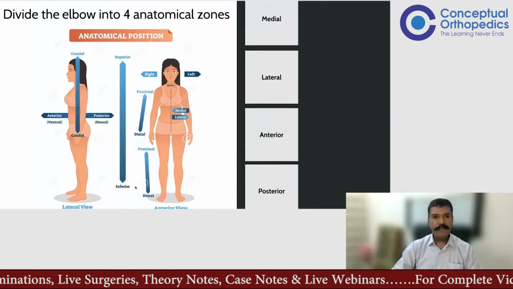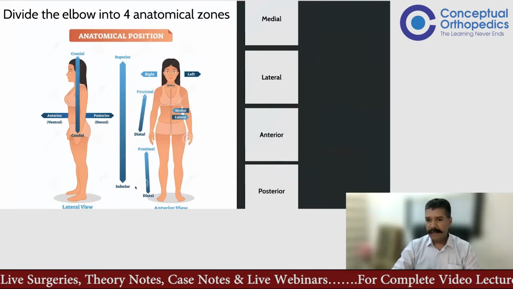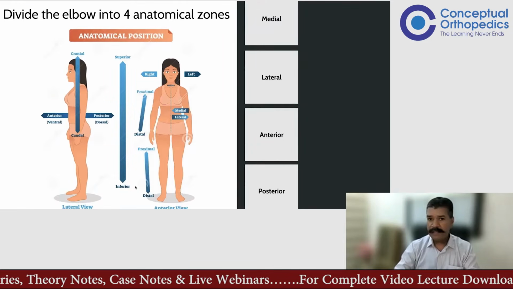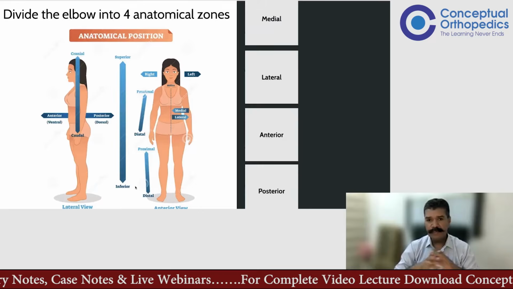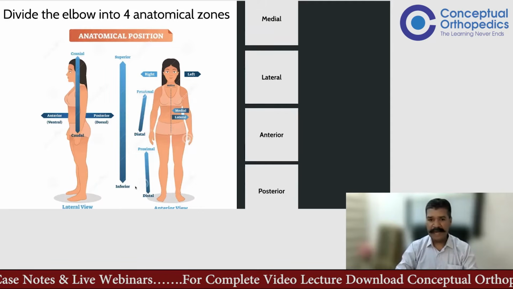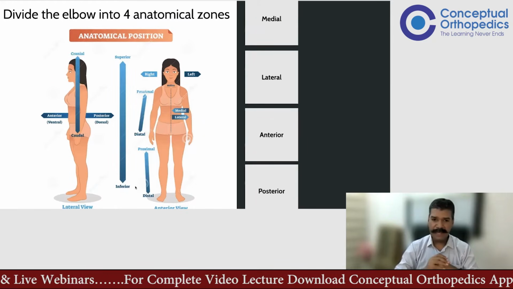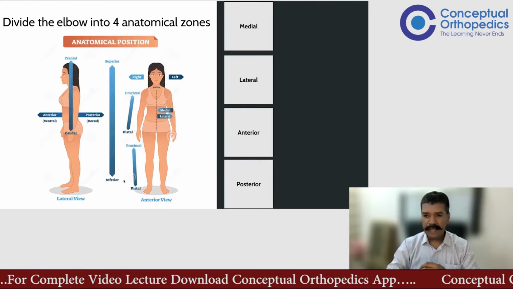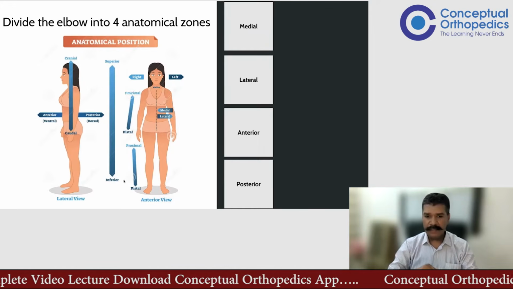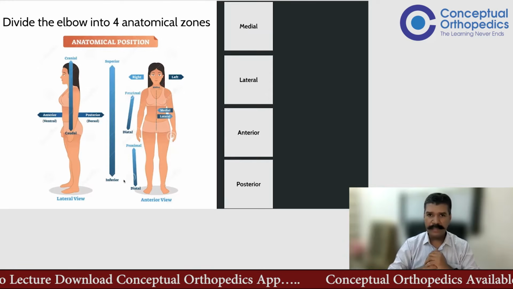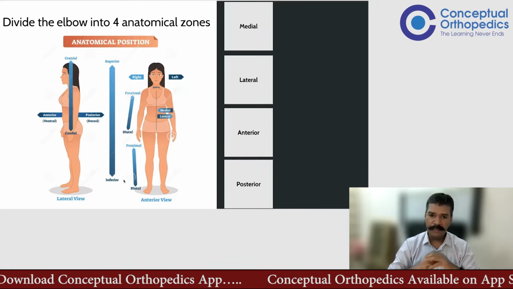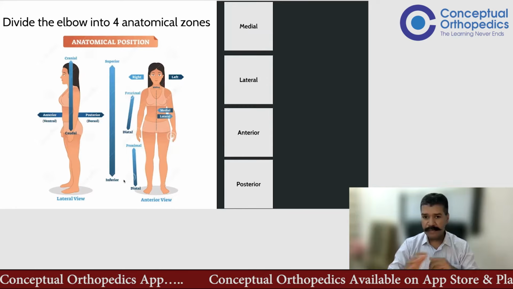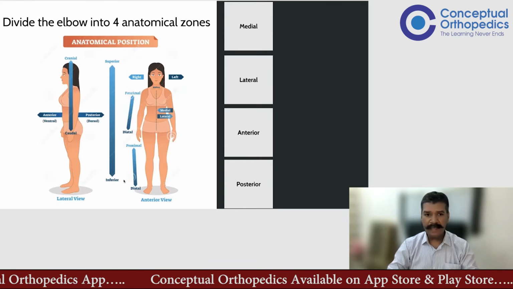So when it comes to the elbow joint, like any joint, it is always useful to subdivide the elbow into its 4 anatomical zones: the medial, lateral, anterior, and the posterior sides. Of course, there are conditions like synovitis due to rheumatoid arthritis, or osteoarthritis, or other inflammatory spondyloarthritis, or even tuberculosis, where you have the involvement of the entire elbow.